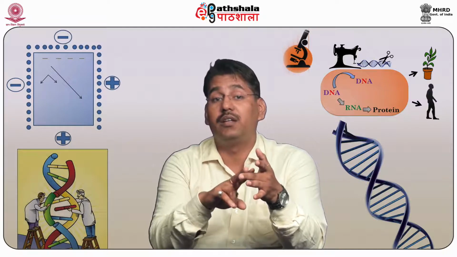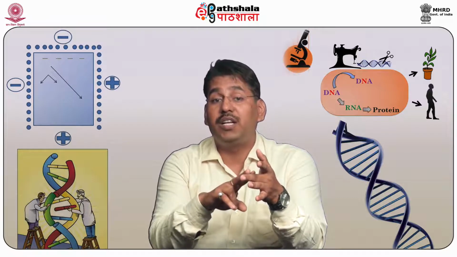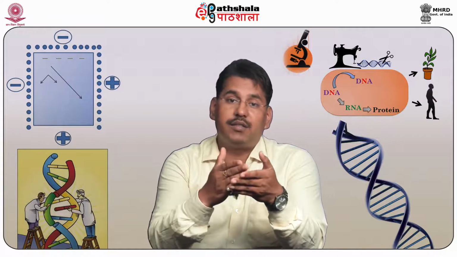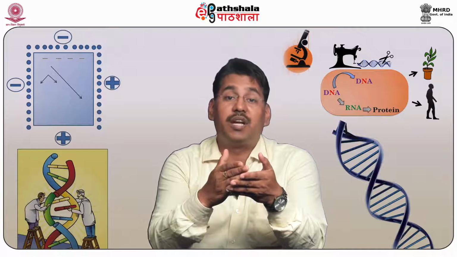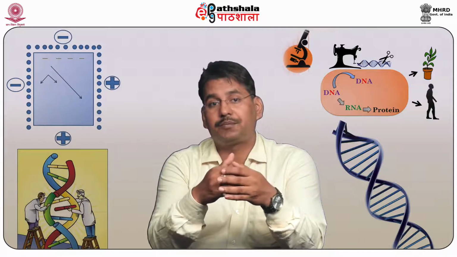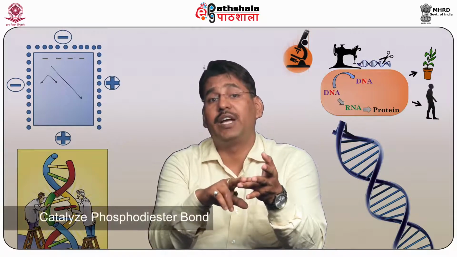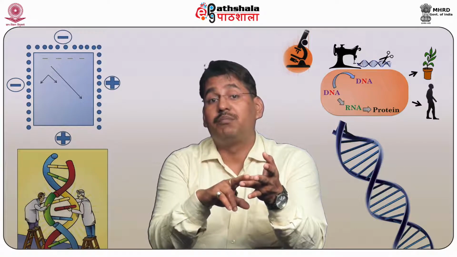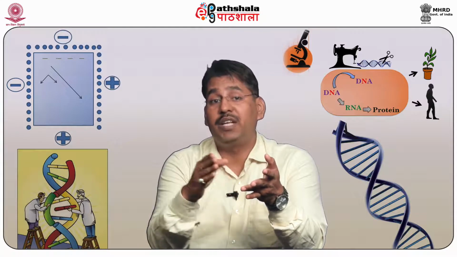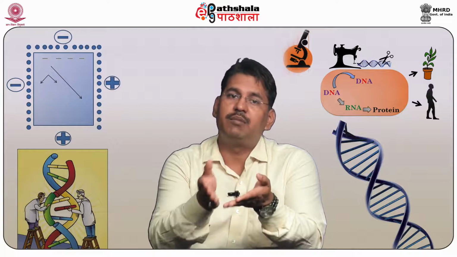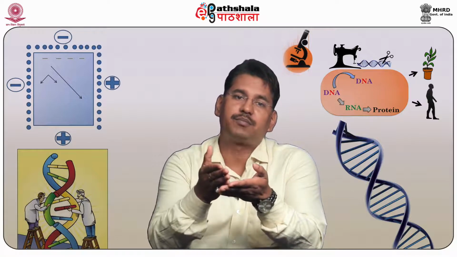In this method, the template DNA is treated with dimethyl sulfate and hydrazine to modify the purines and pyrimidines respectively. Piperidine is used to catalyze the phosphodiester bond cleavage where the base has been displaced. The DNA fragment to be sequenced is labeled at the 5' end.